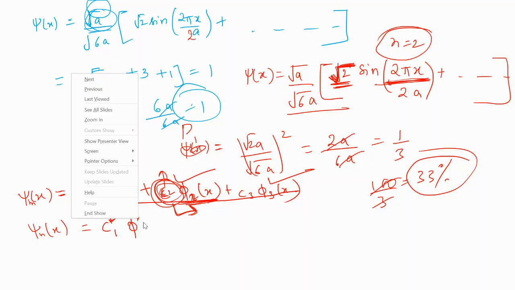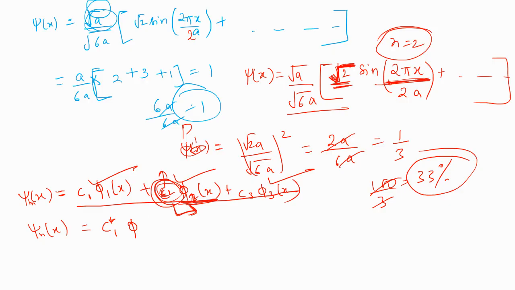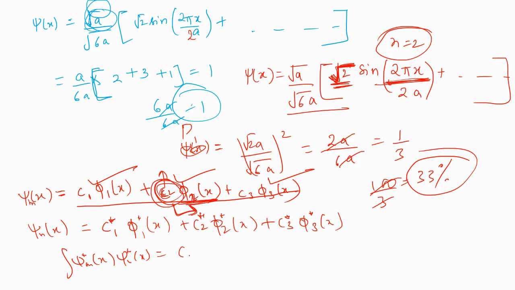Same way, phi is equals to C1 phi 1 plus C2 phi 2 plus C3 phi 3. So phi n x is equals to a summation of Cm phi m. Then phi m star phi n integrated is equals to 1 when m is equals to n, and when m is not equal to n, this will give 0.